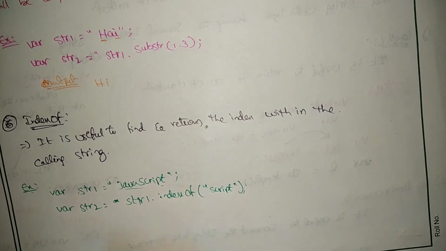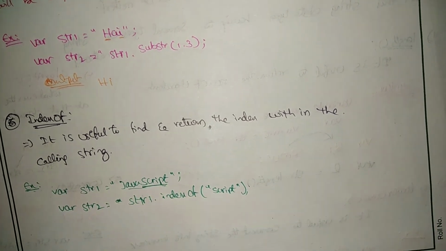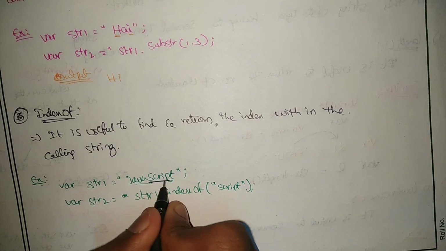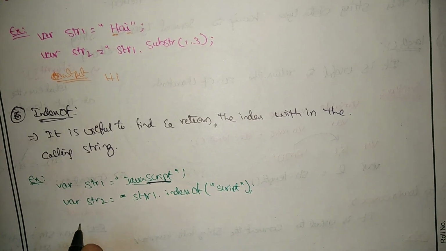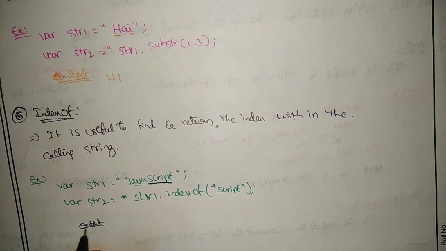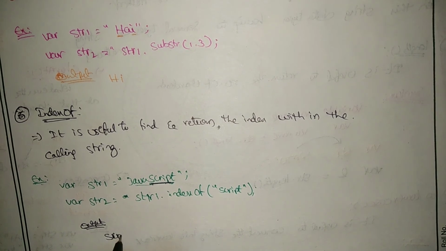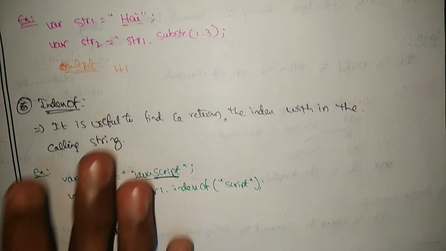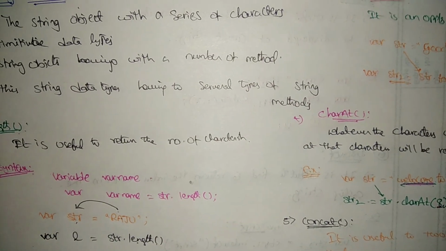Whatever is mentioned, script, its index position will be displayed as output. These categories are called string functions. Thank you.